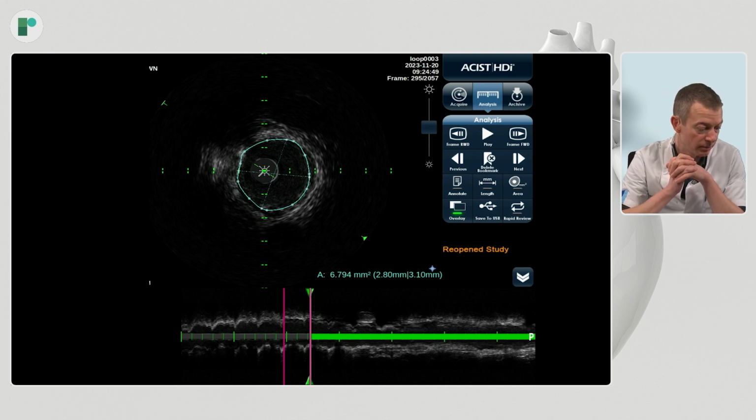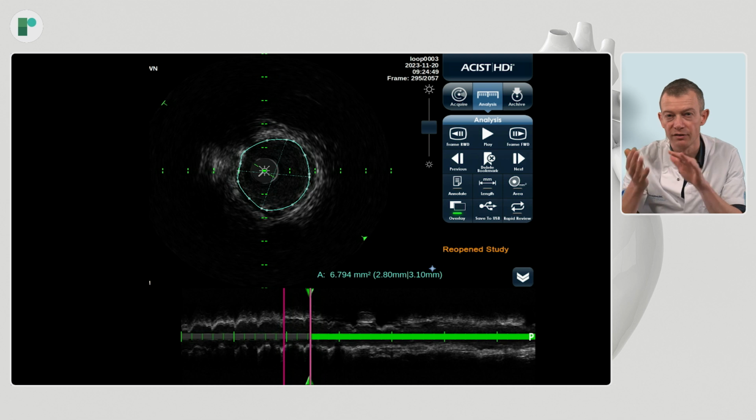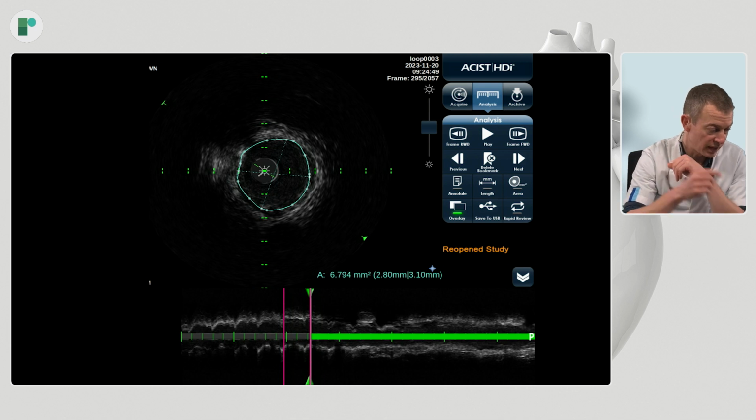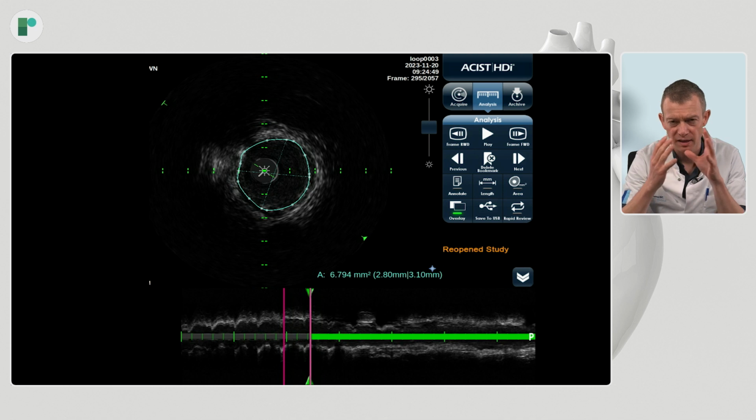And the argument that the size you measure on IVUS is different than with OCT is, in my opinion, nonsense with these newer types of IVUS that are actually very accurate in sizing and are just as good as OCT in measuring dimensions. So here 2.8, 3.1, so we picked a 3.0 stent. I'd rather pick a stent that I can put into high pressures than a larger stent that may cause distal dissections.